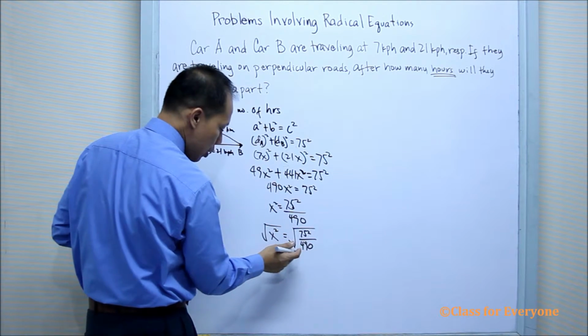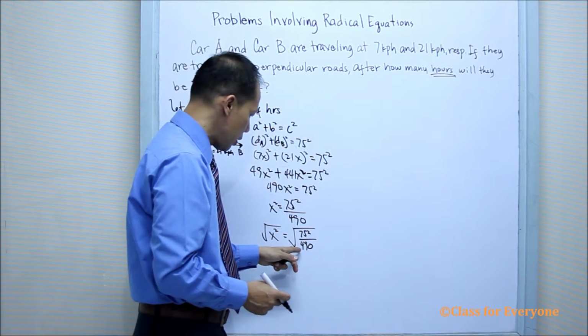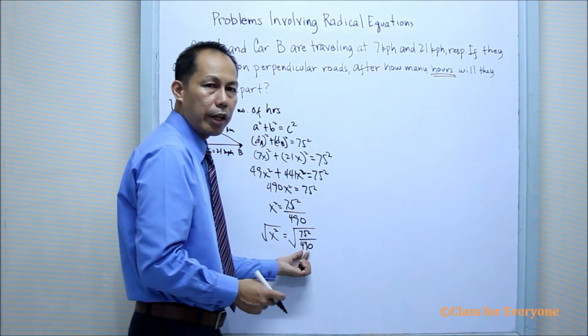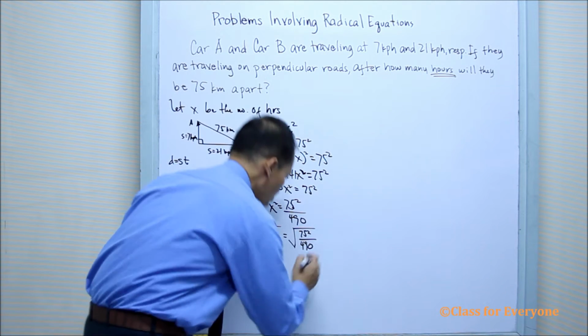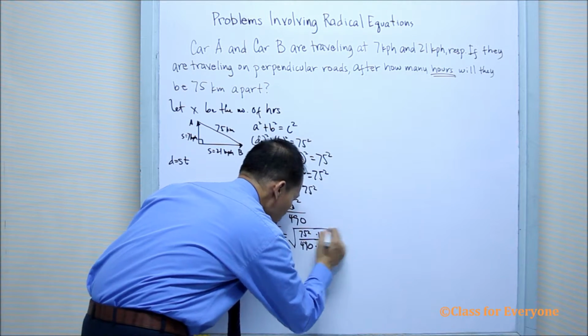The square root of 490 is not a perfect square, so we must rationalize it. To rationalize the denominator, since 49 is already a perfect square and the other factor is 10, we multiply it by 10. Likewise, multiply the numerator also by 10.